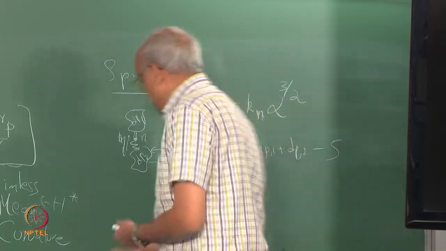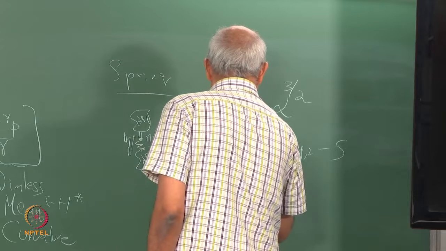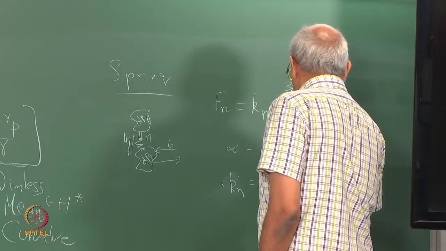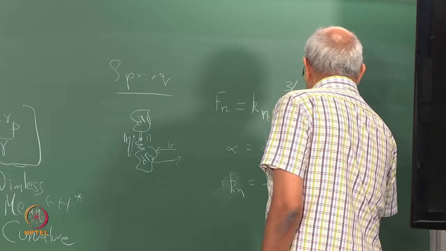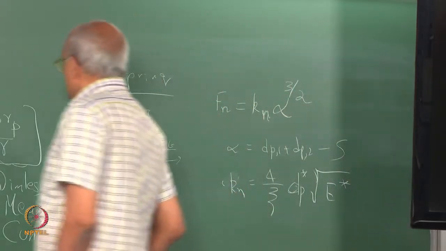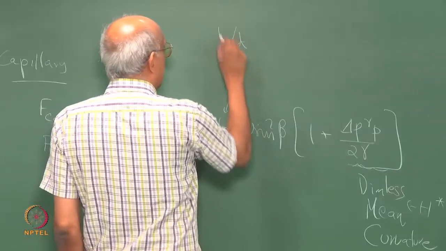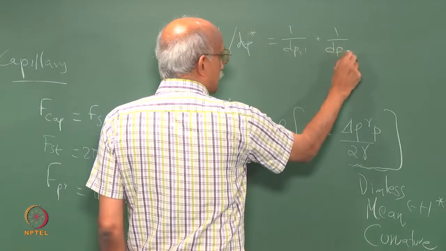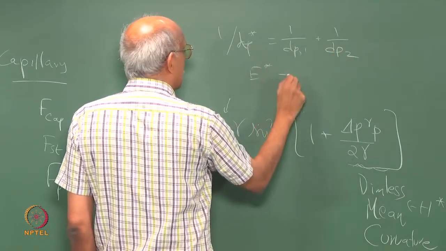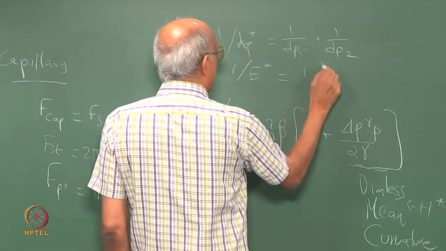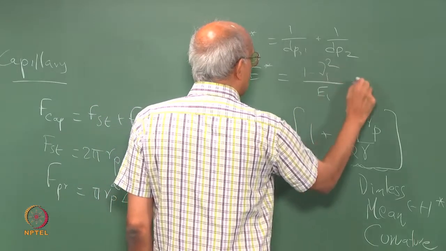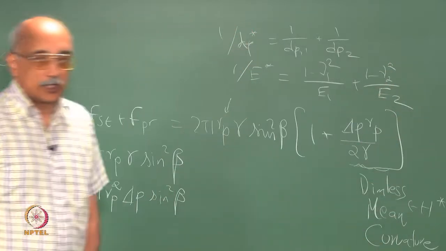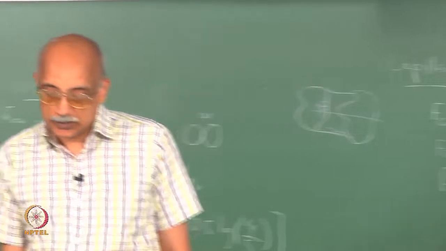This Kn parameter is given by 4 by 3 times dp star times square root of E star, where 1 over dp star equals 1 over dp1 plus 1 over dp2, and 1 over E star is given by (1 minus nu 1 squared) by E1 plus (1 minus nu 2 squared) by E2, where E1 and E2 are Young's moduli and nu is the Poisson's ratio.